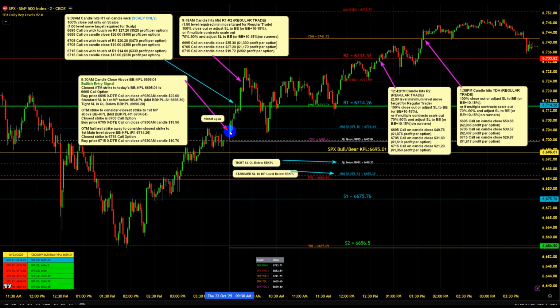Okay, so no matter which you're using, the at the money or out of the money, it's the same stop loss. As you can see in today's session, neither one of these stop losses came close to being breached. That's not always the case. Usually your tight stop loss is going to be more prone to being stopped out than your standard stop loss.